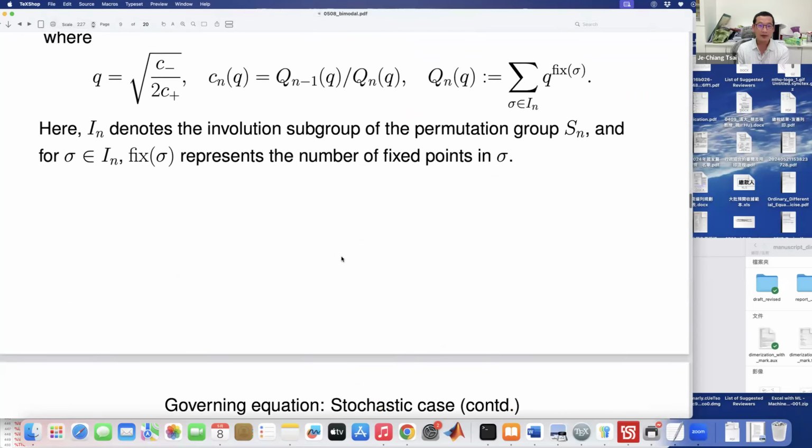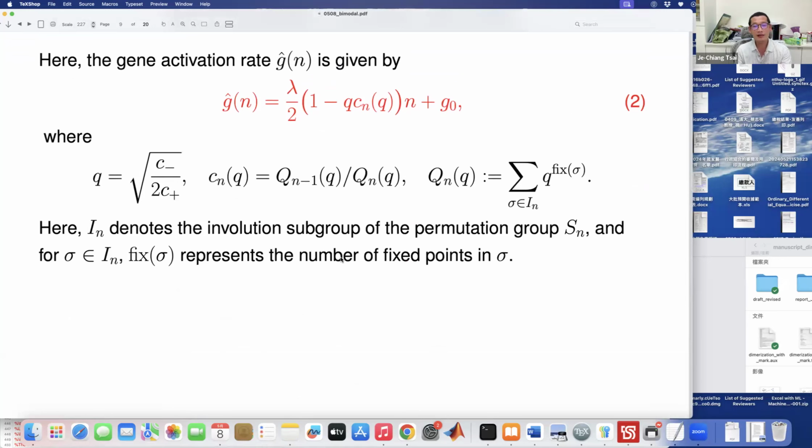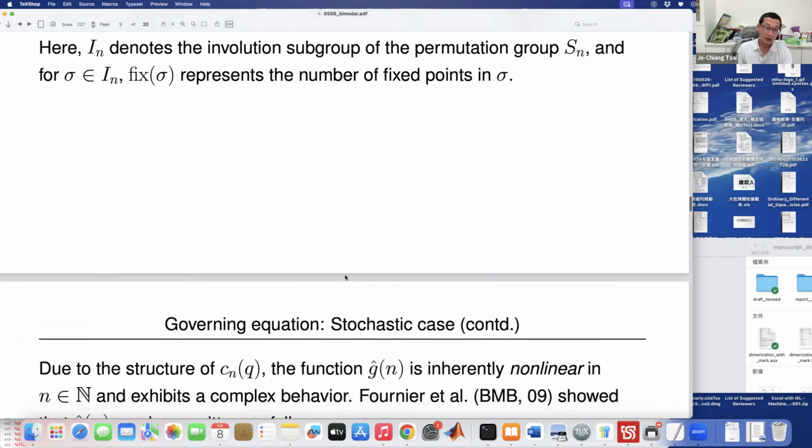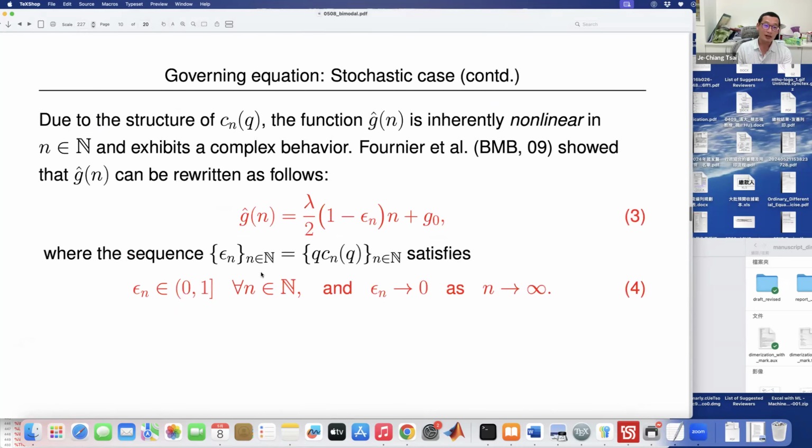But fortunately, we don't need the exact form of this activation function, and we only use its asymptotic property.